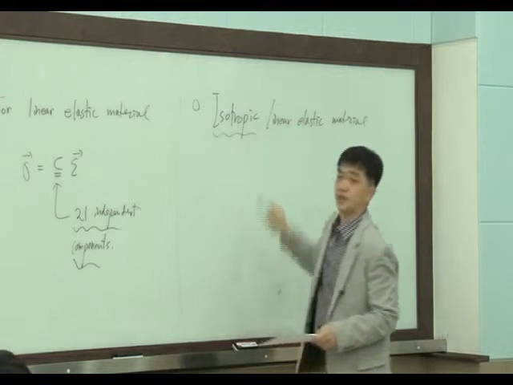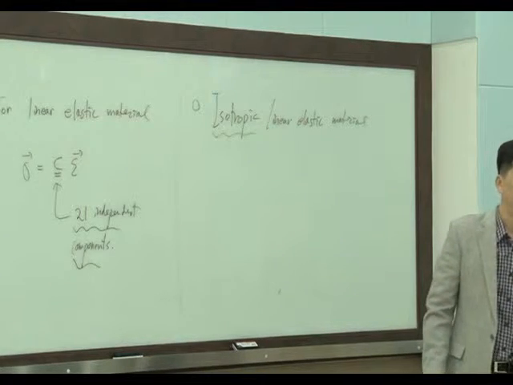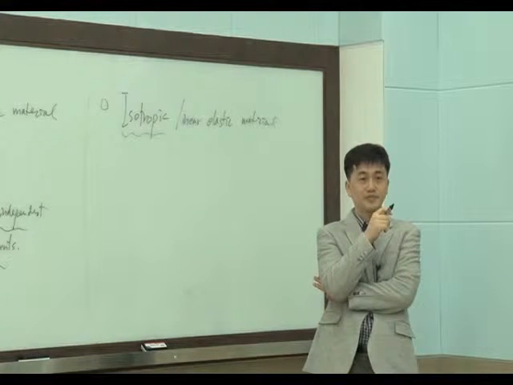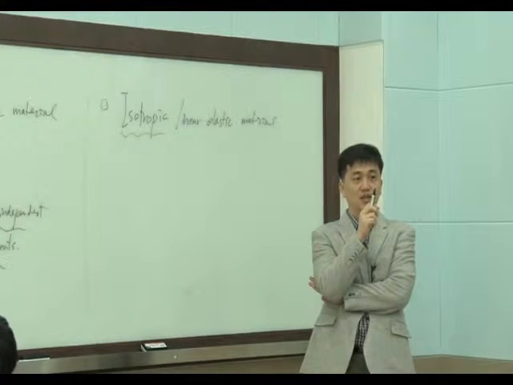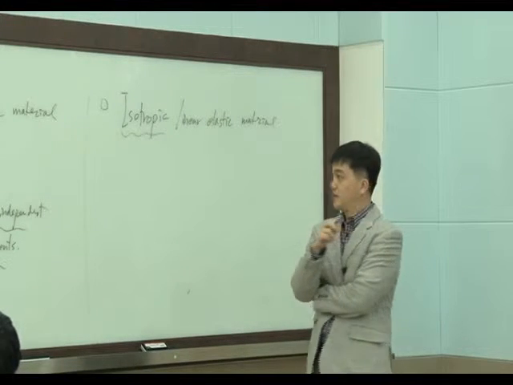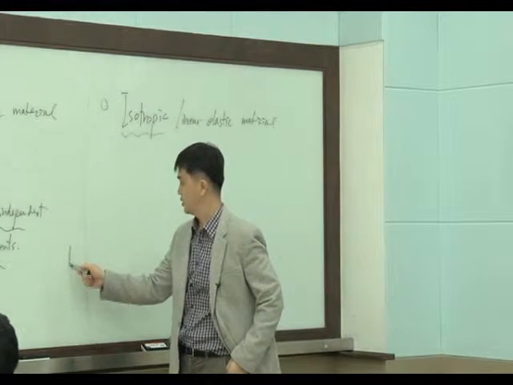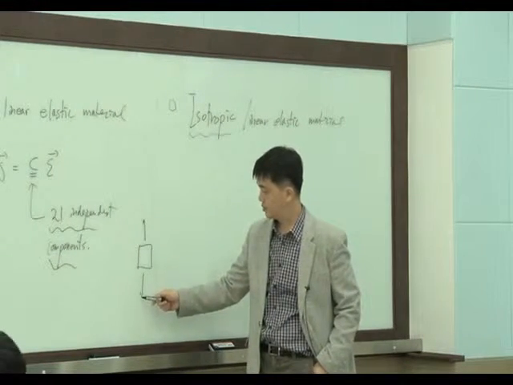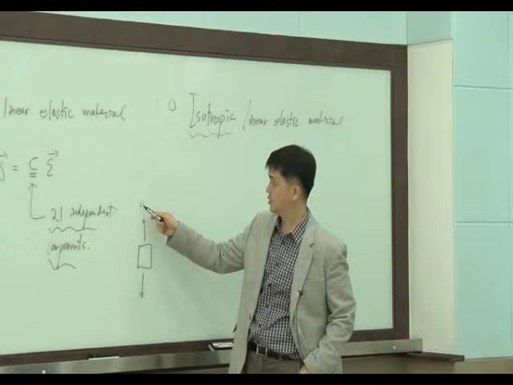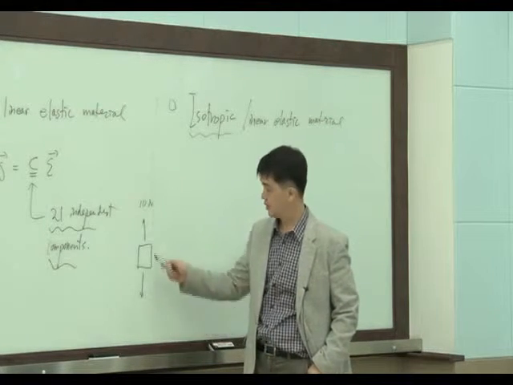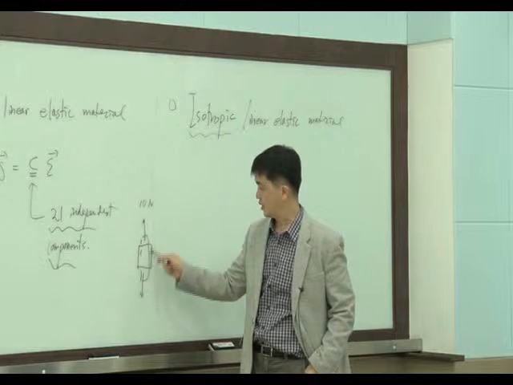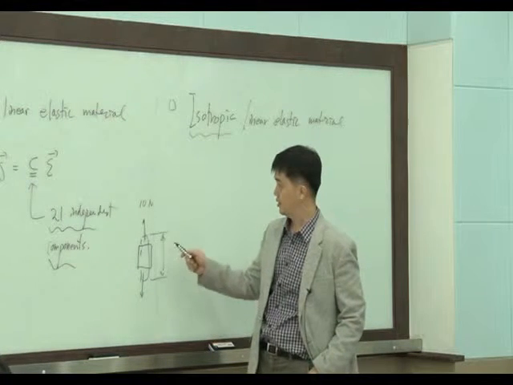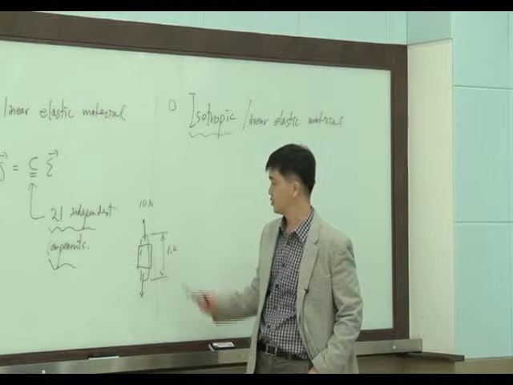What's the meaning of isotropic? Isotropic has to do with direction. Here I have a material. I give tension in this direction with 10 Newton, and the material deforms and its length changes. It was originally length 1, and after deformation the length becomes 1.2.